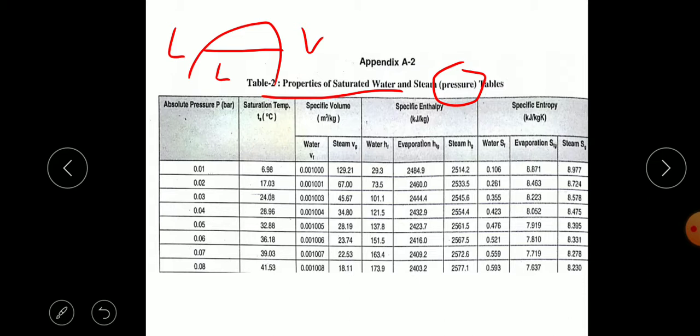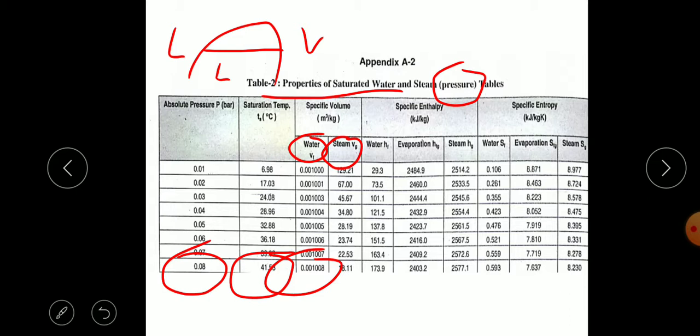Suppose here a vacuum, lower pressure, is there, 0.8. So the corresponding saturation temperature is 41. In this column, VF stands for specific volume of liquid water, VG stands for specific volume of steam.